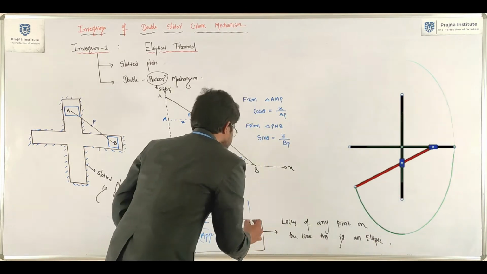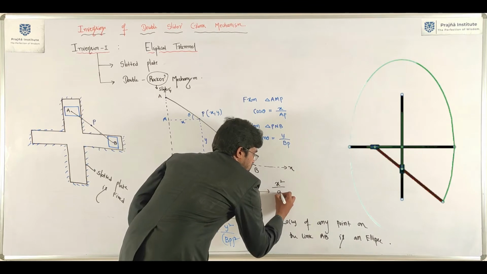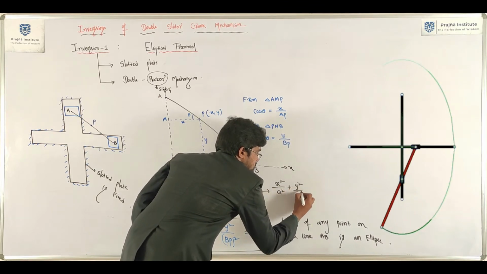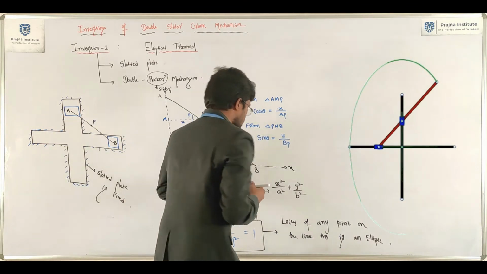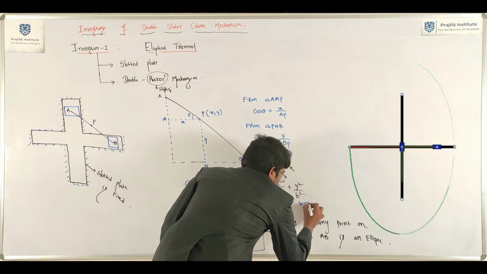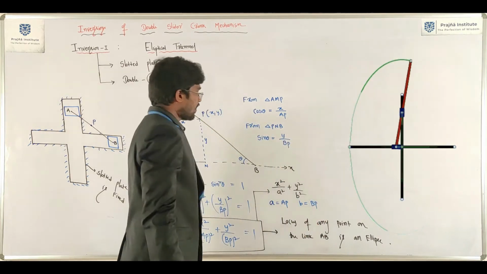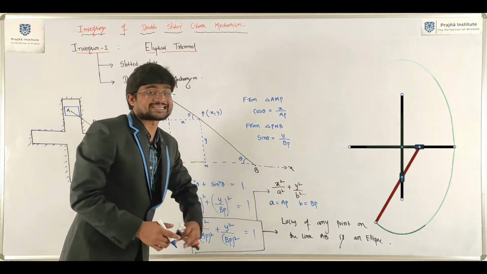Correct now? It is representing x square by a square plus y square by b square. So here A equals AP, B equals BP. What is meant by A? Length of the semi-major axis.